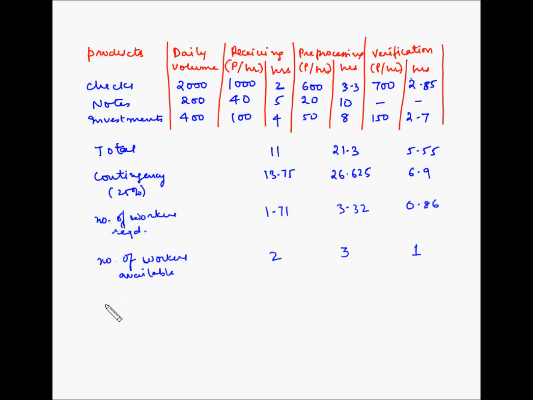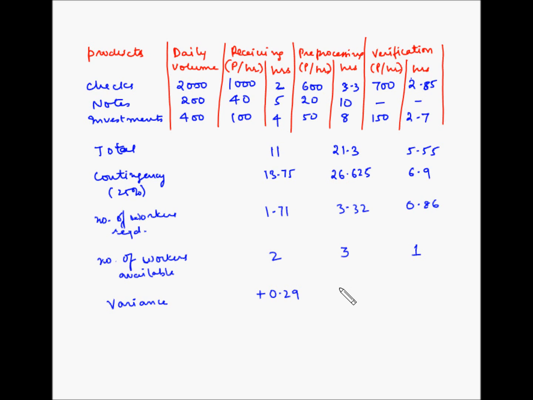Next is to find out the variance. So for receiving they have excess of 0.29 workers.